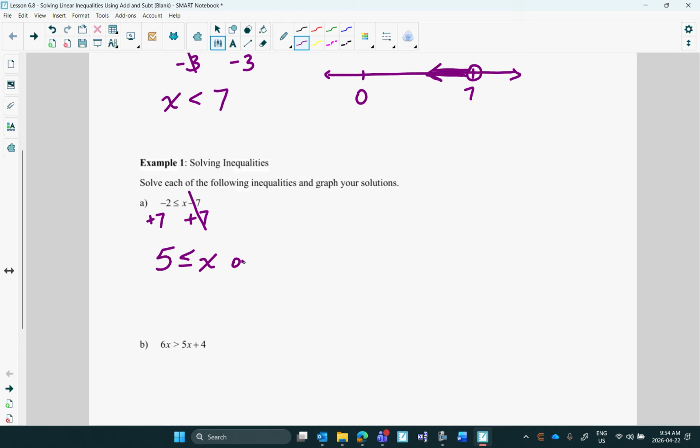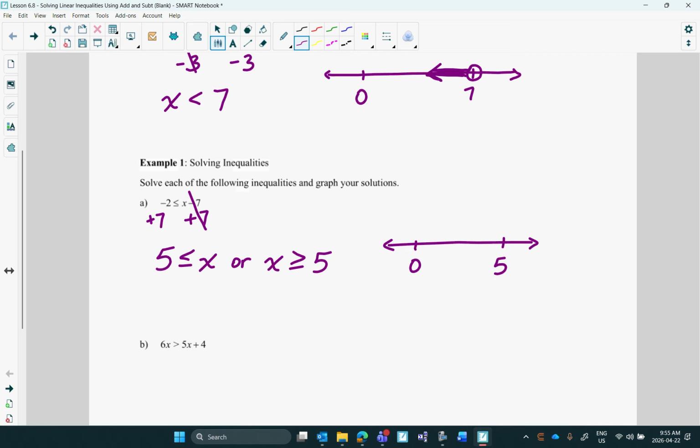Now remember, when it's written like that, you can reverse it by reversing the number and the letter in the inequality. And then you graph it. First of all, where do I put 0? 0 is on the left, and then 5's on the right.